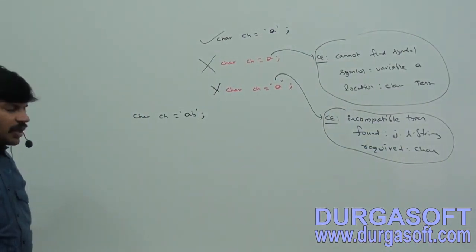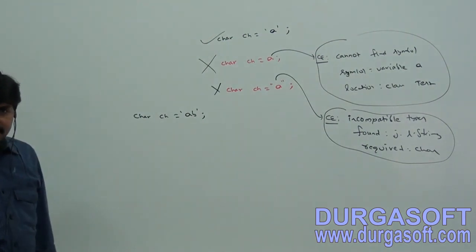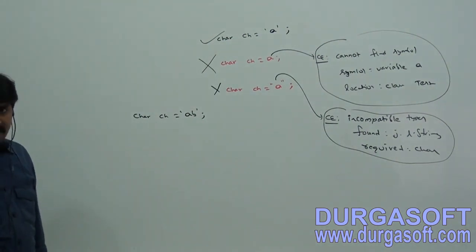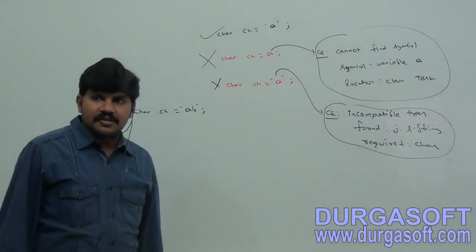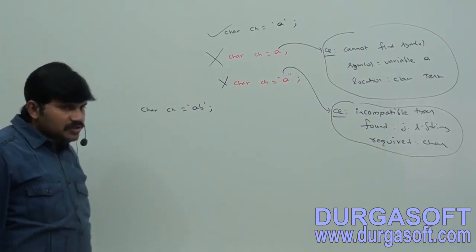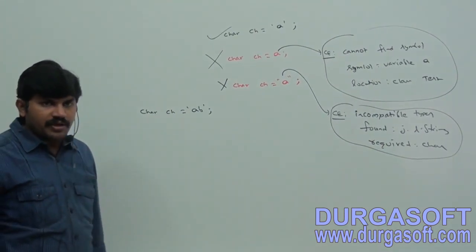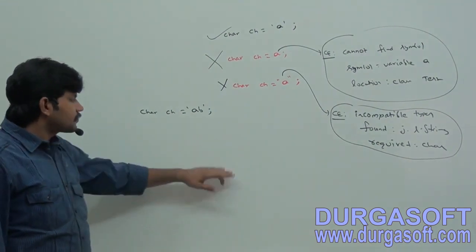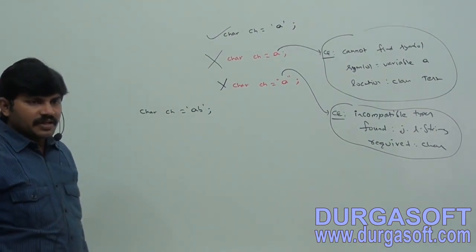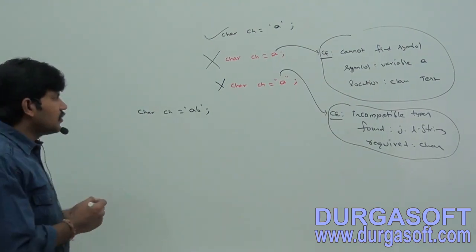Char ch is equal to AB within single quotes. In the same style the compiler thinks, you people should think. Is it valid or invalid? We will get a compile time error.